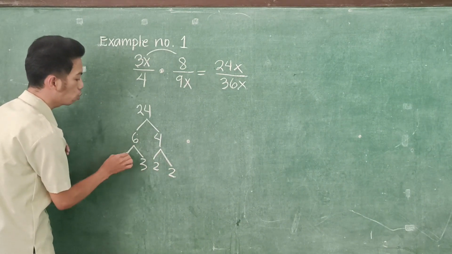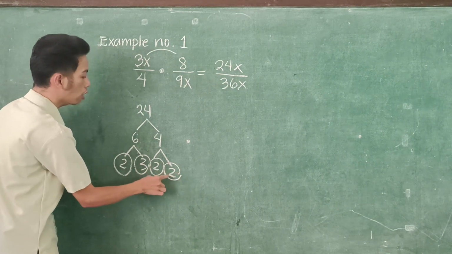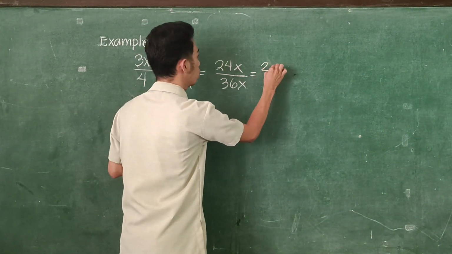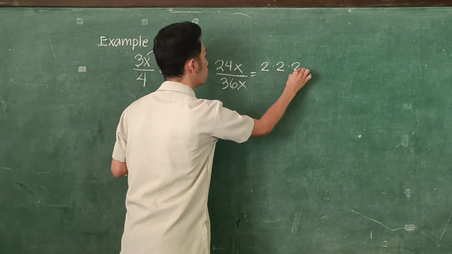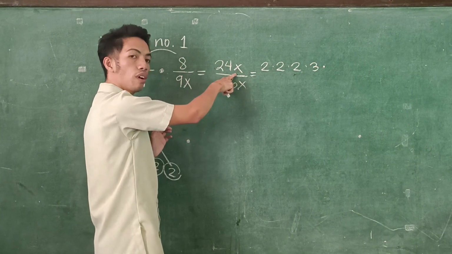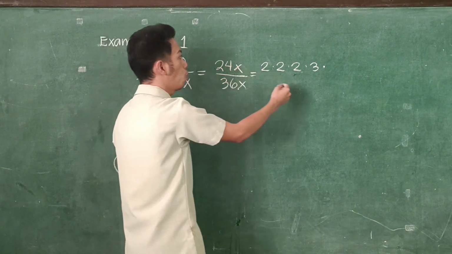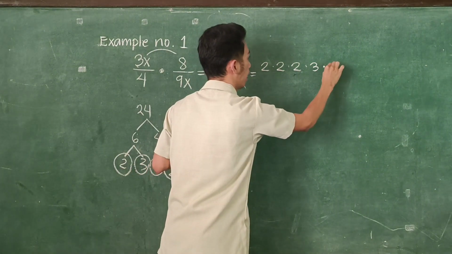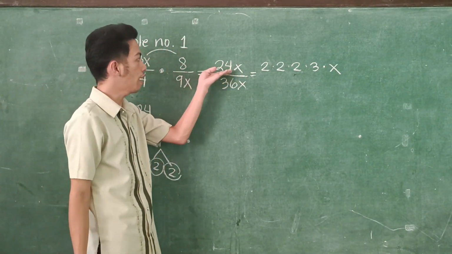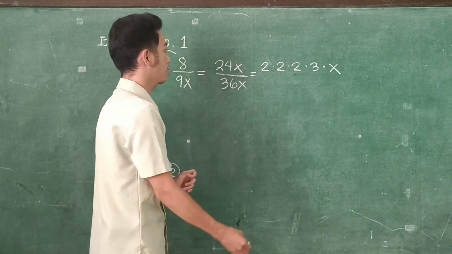So, we have here 2 times 3 times 2 times 2. So, tatlong 2 at isang 3. It is 2 times 2 times 2 times 3. Times, since yung x natin ay wala ng factor at siya na lang mag-isa, we are going to copy x. So, na-factor na natin yung 24x. That is 2 times 2 times 2 times 3 times x.